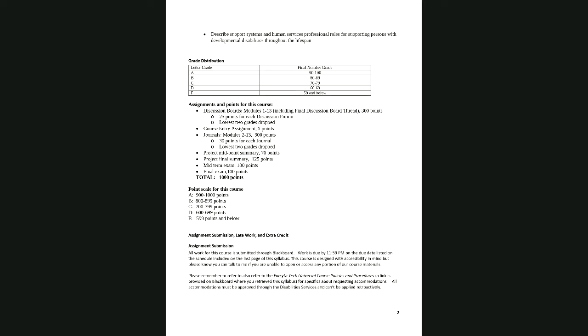Those are built into how the Blackboard grade book will calculate your grades, so it'll be a couple of weeks before you can see a running total for your final grade because of that feature.